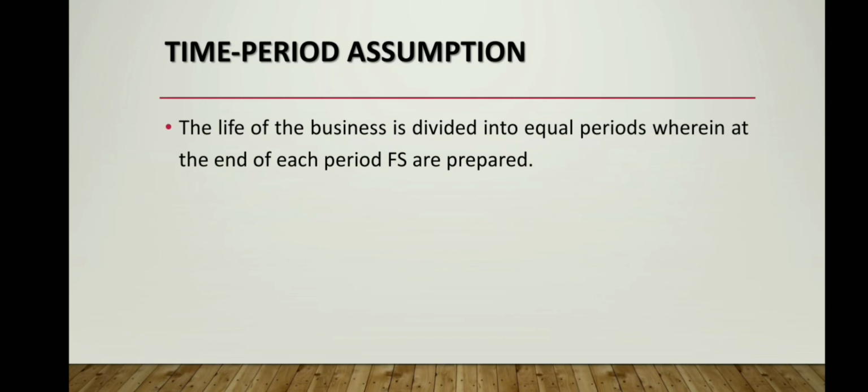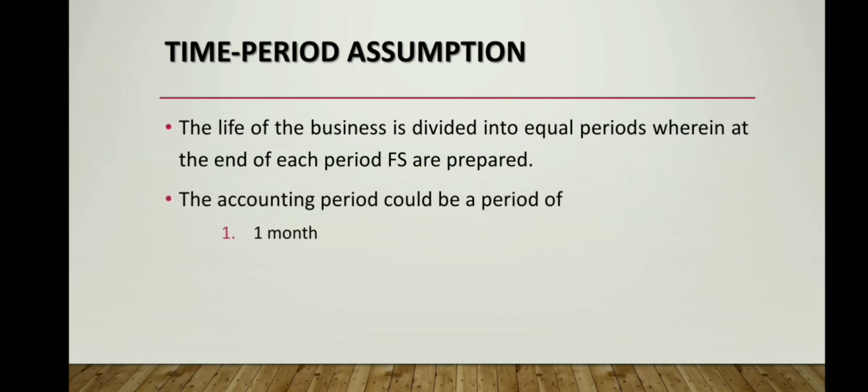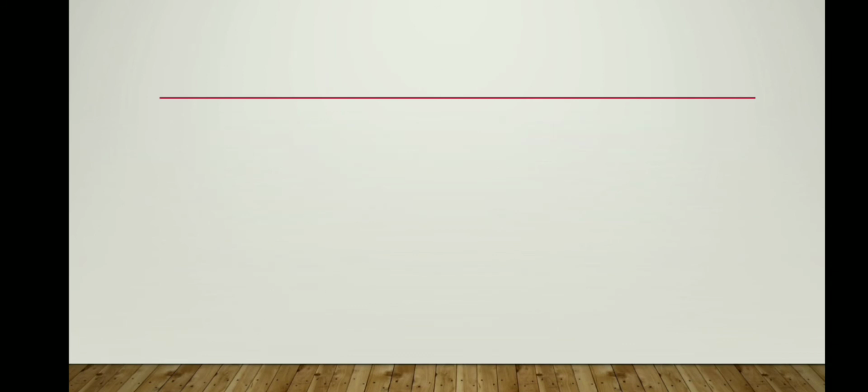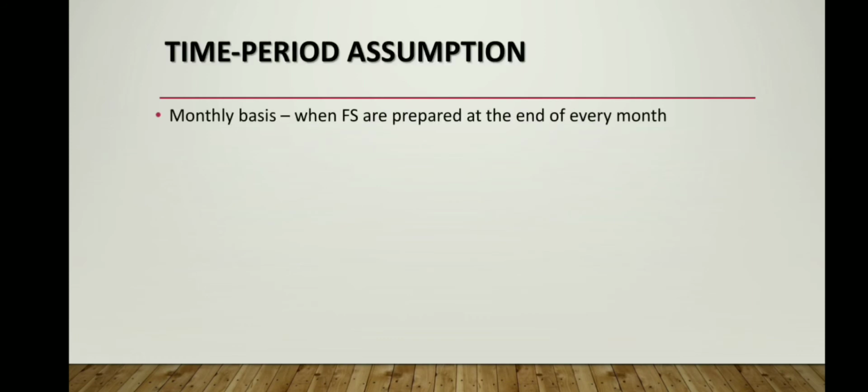Meaning to say, at the end of every period, the business owner could now determine what happened with his investment. The accounting periods could be a period of 1 month, 3 months, 6 months, or 12 months. So if financial statements are prepared every month, we call it on a monthly basis.